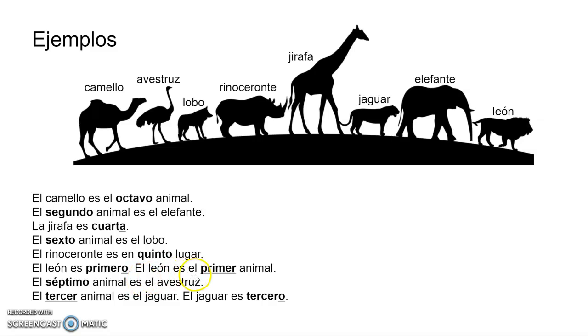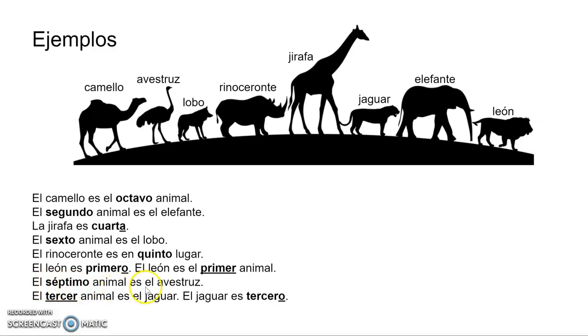El león es el primer animal. So here are two different cases where we use primero and primer. El león es primero. Here primero is standing alone, so it does need that O ending. El león es el primer animal. Here it comes before that masculine singular noun, and so we had to drop the O.